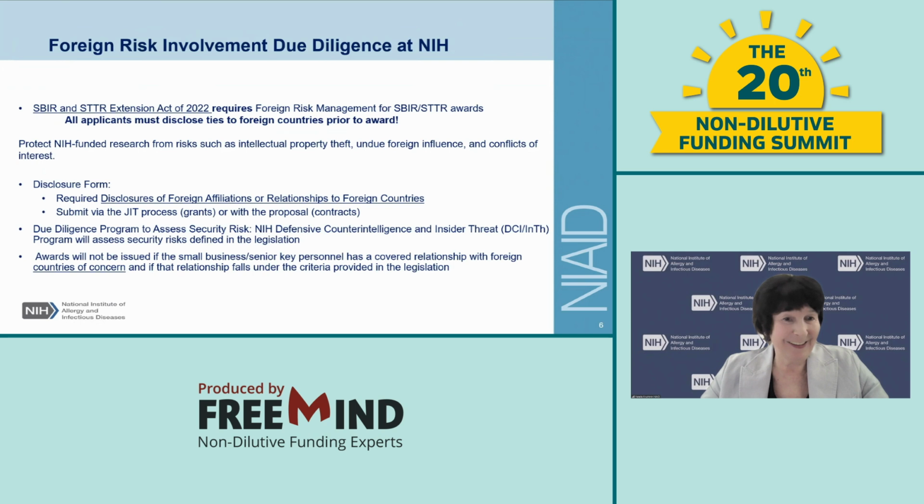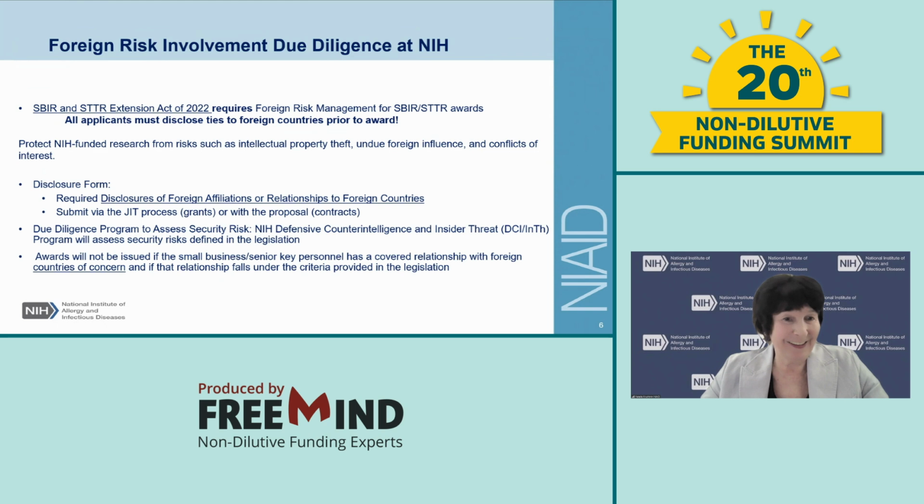Now, all applicants must disclose ties to foreign countries prior to award. The process is like this: there are disclosure forms. I'm talking about NIH. The applicant needs to fill out this form and submit it during the just-in-time process for grants and in the proposals for contracts. Just keep in mind that this process is not related to review, for example by the Center for Scientific Review at NIH, which reviews most of the grants.